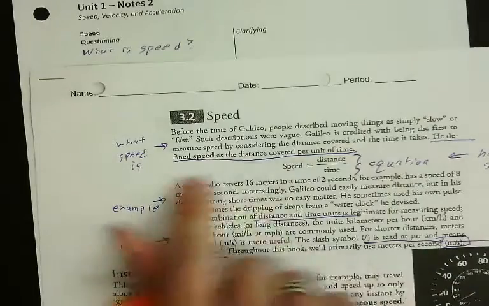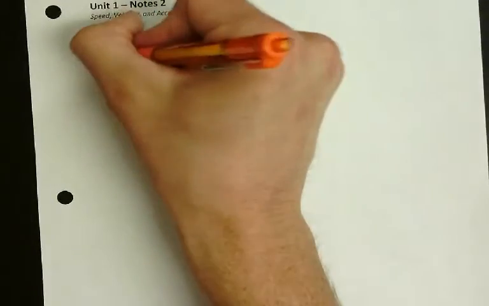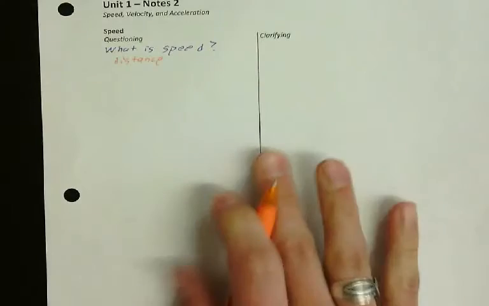And then I want you to answer it. You may or may not be able to. There may be some of these that you get confused on, so you do the best you can. You ask for help. But from my reading, speed was distance covered per unit time. So I'm going to use my own words just because it makes more sense to me that way.